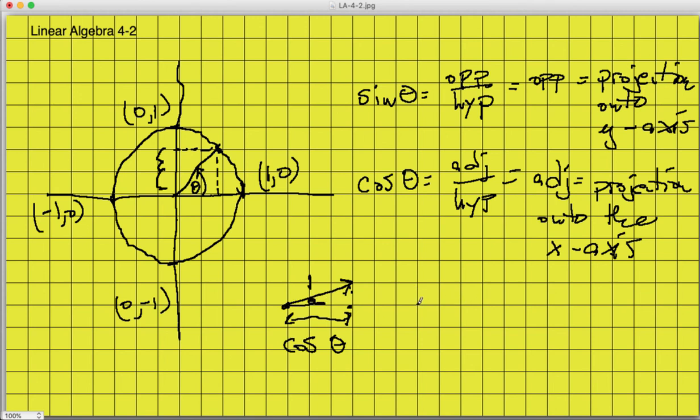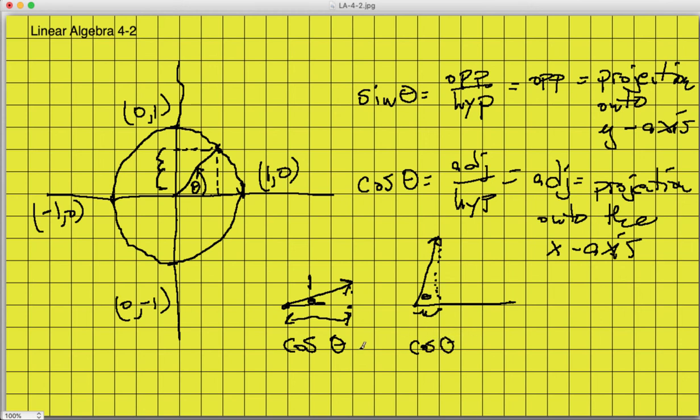If this thing were going way up here like that, and again here's theta, I look at the projection onto the x-axis, and this little distance here, that's cosine theta.